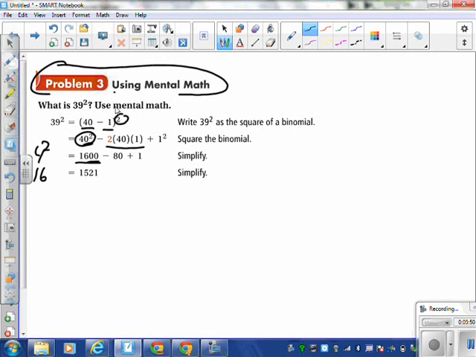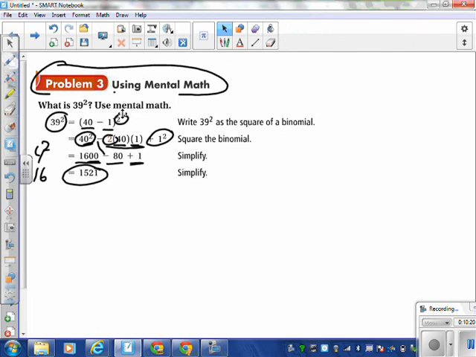And then over here we have 40 times 1, which is 40, times 2 gives me 80. Bring down the minus sign, and then we have 1 squared is 1. So in our head, we could do 1600 minus 80 plus 1, which gives me 1521. That's another way of using this formula to solve similar or other problems, make it look similar.